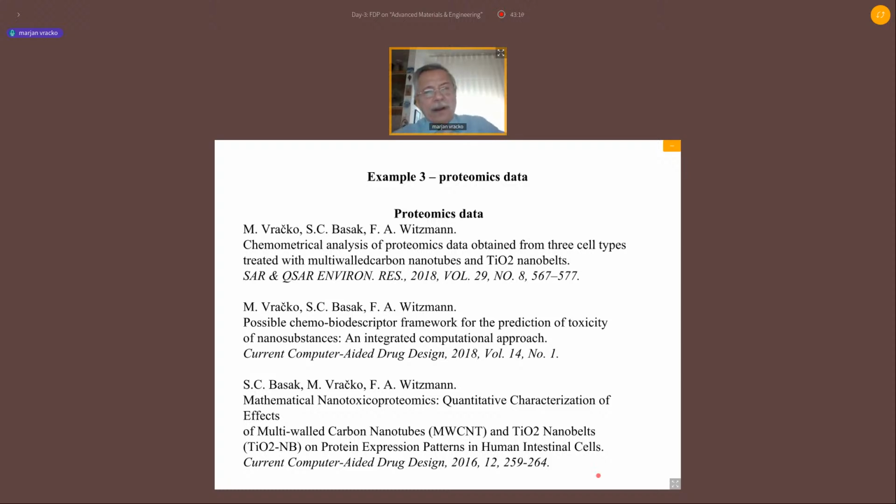This is the analysis of proteomics data. Our joint study has already been published in three papers, in SAR and QSAR and Current Computer-Aided Drug Design journals.